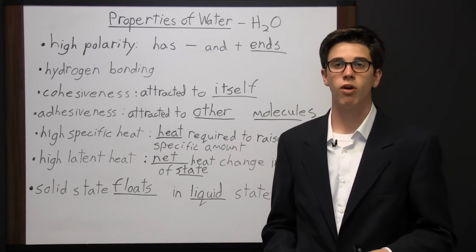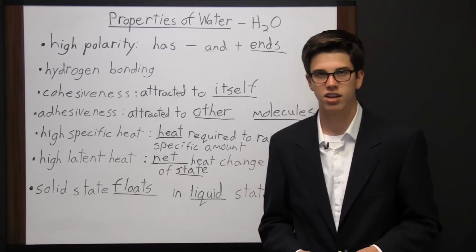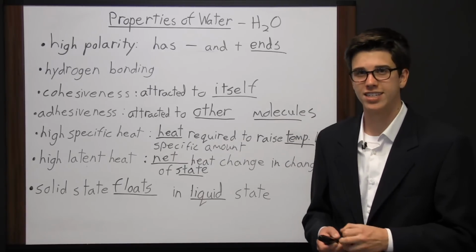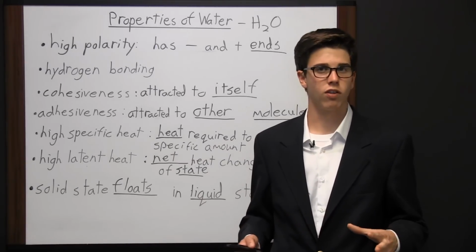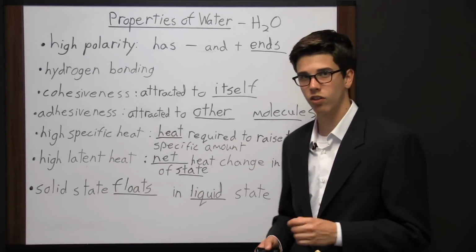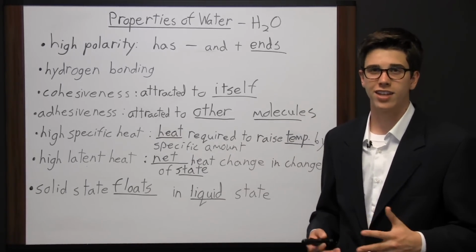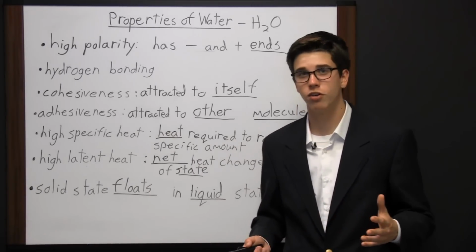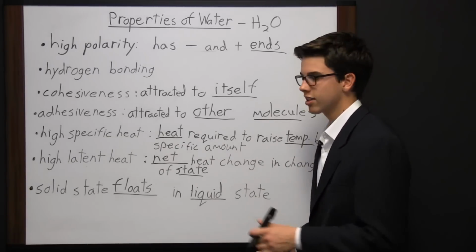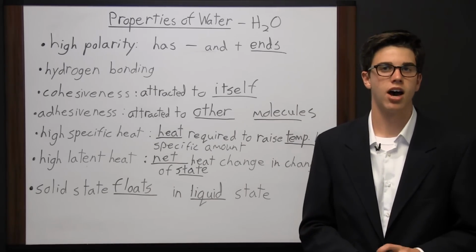This is because when water is frozen, it expands, and so it becomes less dense because it's taking up a larger amount of space. So that same material is spread out over a larger amount of space, which means it's less dense than the liquid water. And so when anything is less dense than water, then it's going to float in that water. So that's why ice cubes float. So that's a look at some of the interesting properties of water.